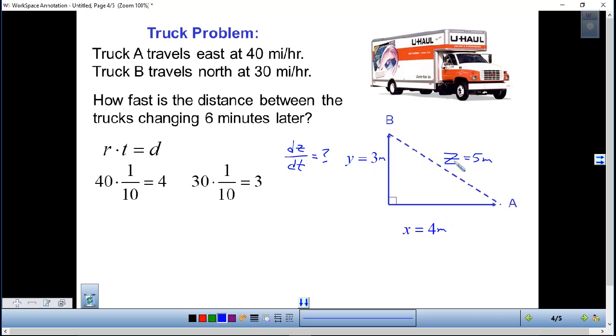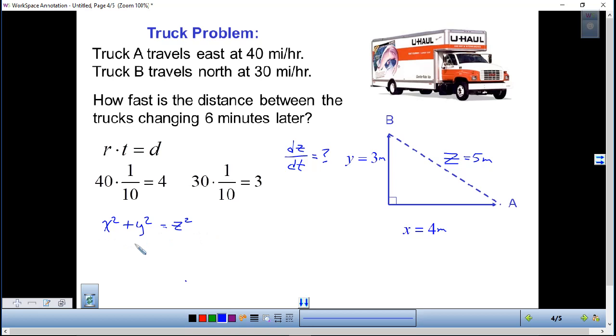Now, what's the relationship between these three variables? Well, Pythagorean theorem. So we know that x squared plus y squared equals, not 5 squared, but z squared. We can't write 5 because, what do we know? As these trucks are moving, this z is changing. So since it's changing, it has to be labeled as a variable.